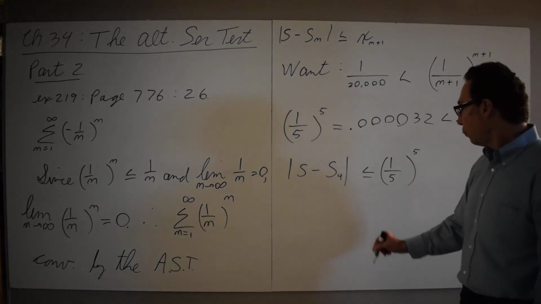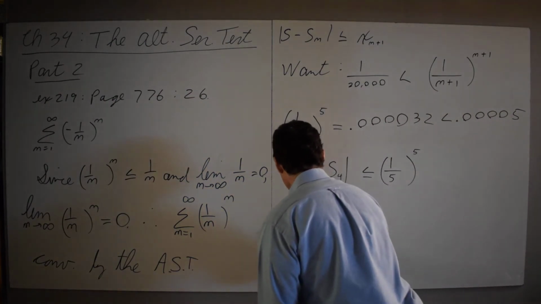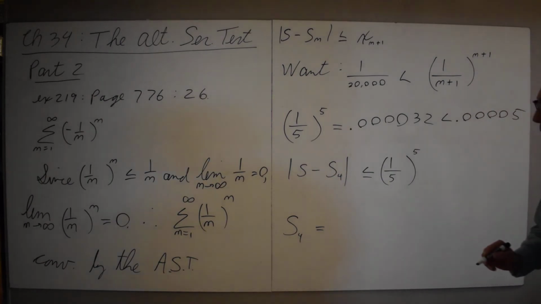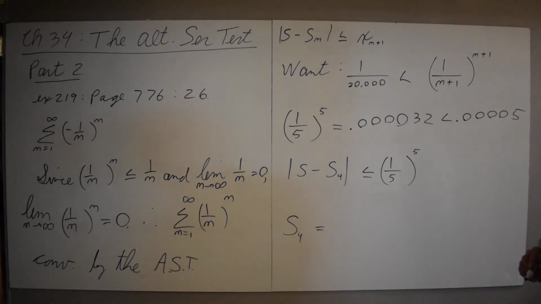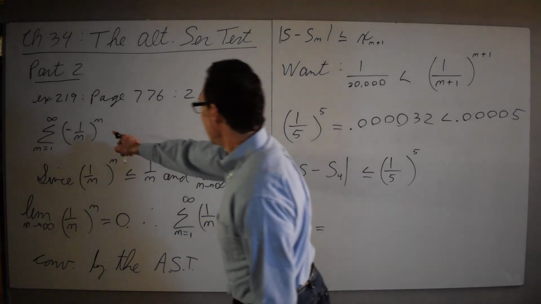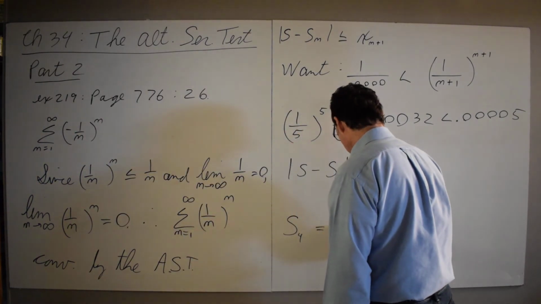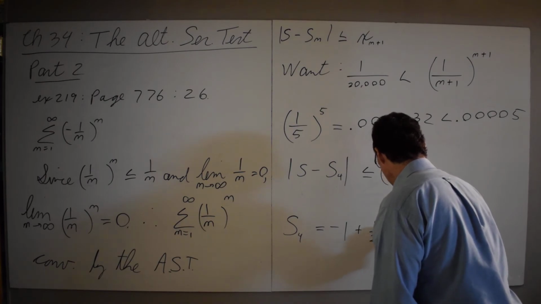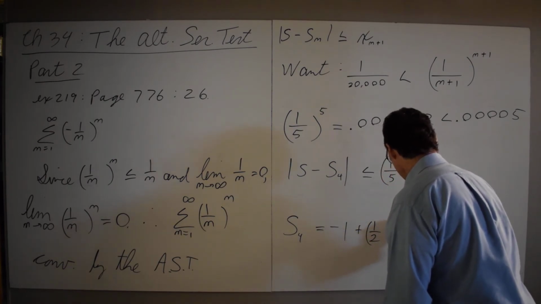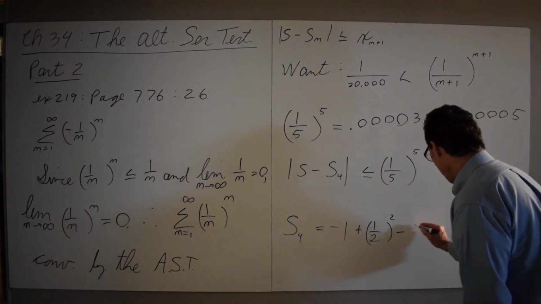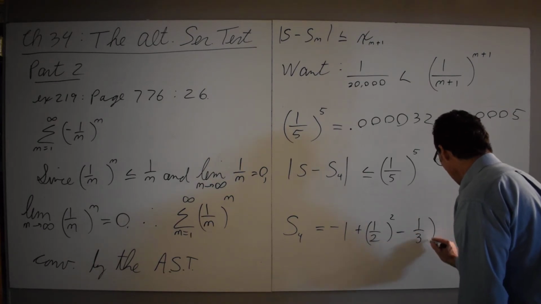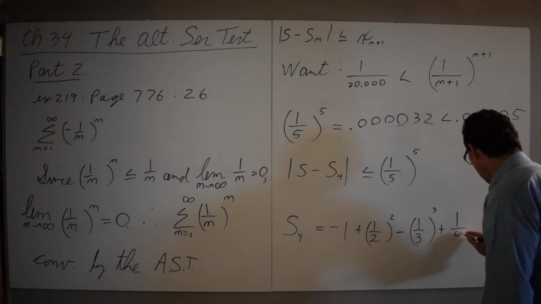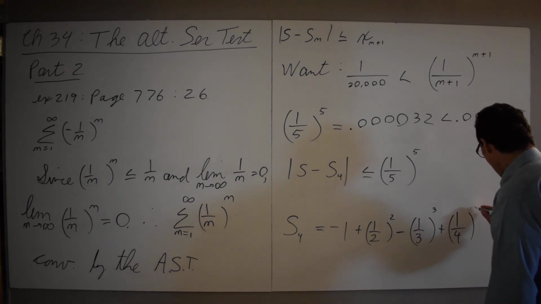And so if we just calculate S sub 4, we start with 1. When n is 1, we have -1 plus 1/2 squared minus 1/3 cubed plus 1/4 to the fourth.